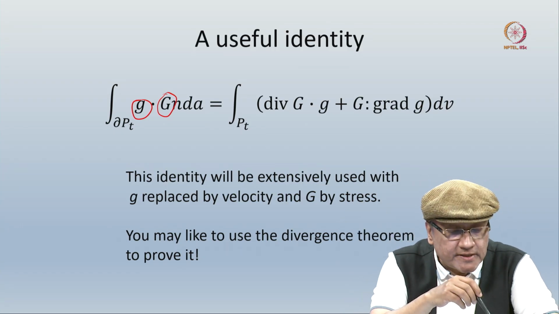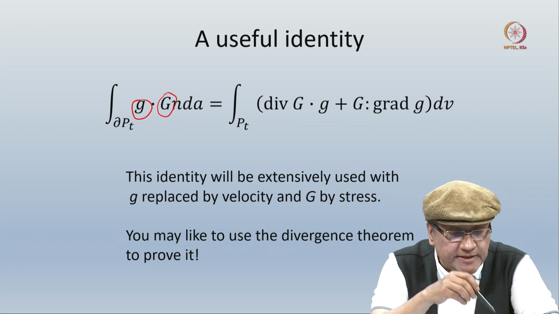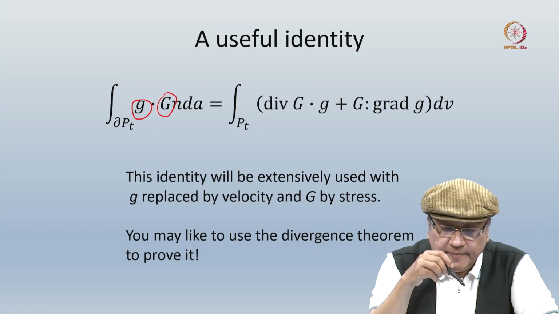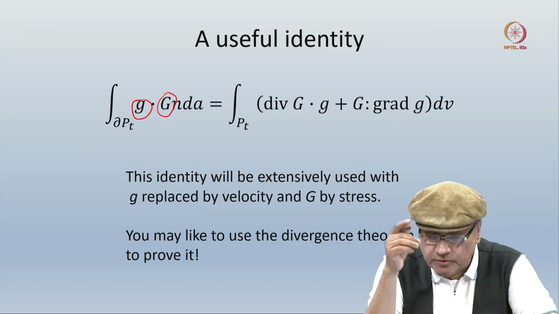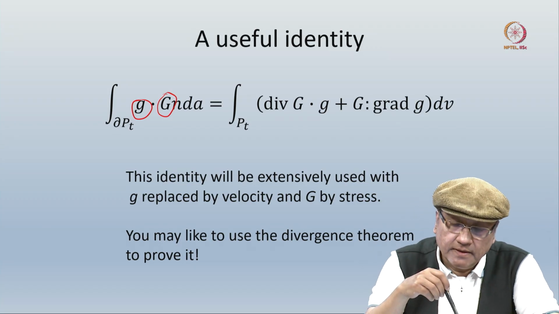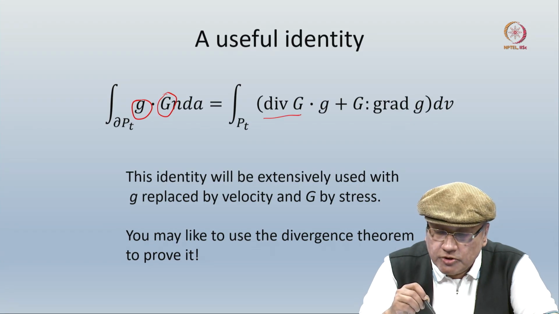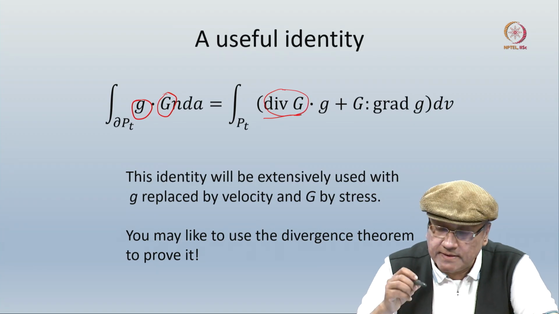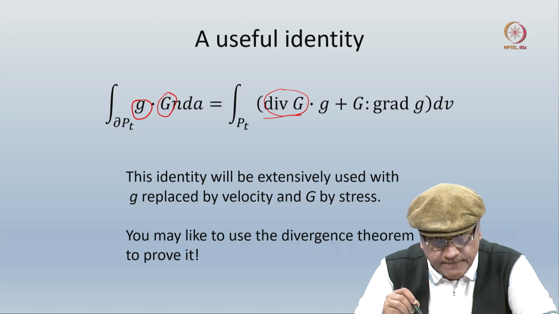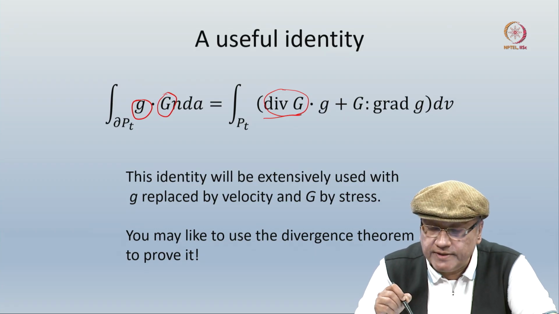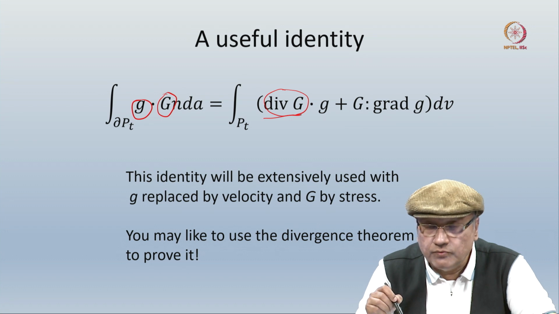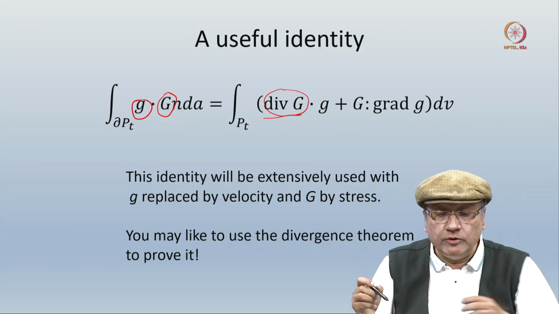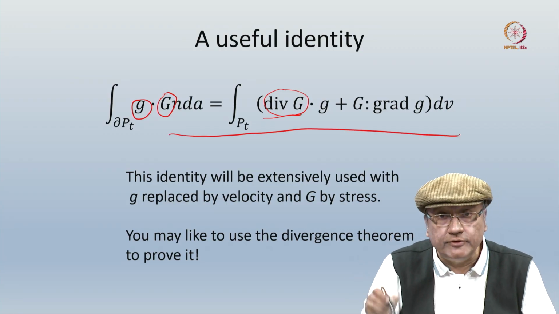The integral over the surface del Pt of g dot G n dA can again be written by the divergence theorem in terms of a volume integral of the divergence of G dot g. You see, the divergence of G is a vector, and dot g makes sense. Plus the Frobenius inner product of G with the grad of g. These are the two terms which have to be integrated with respect to volume Pt. It is a good exercise for you to try and derive it.